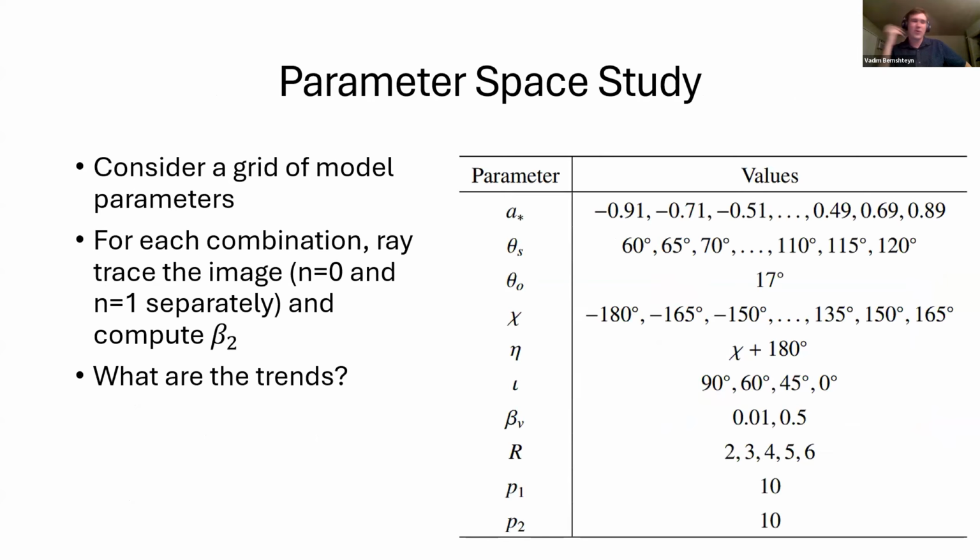Okay, but this was just one specific example, so we want to do it in a more systematic way. So what we do is we generate a grid of values which seem reasonable to us. Again, we ray trace them, n equals 0, n equals 1 separately, and we just see what trends we get in this space of models.